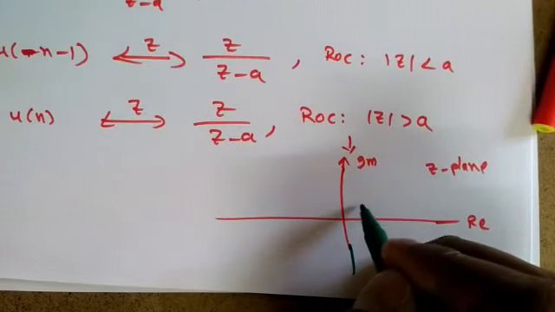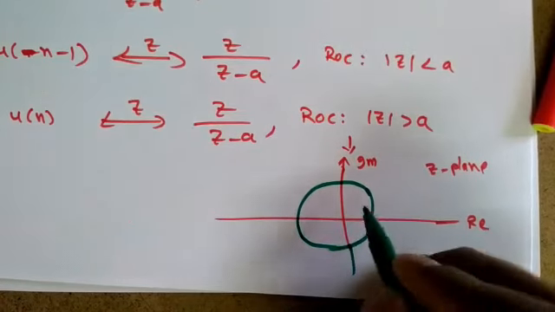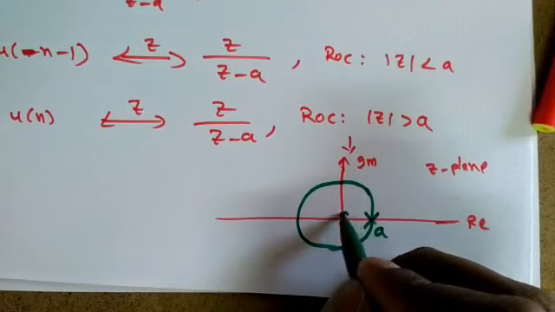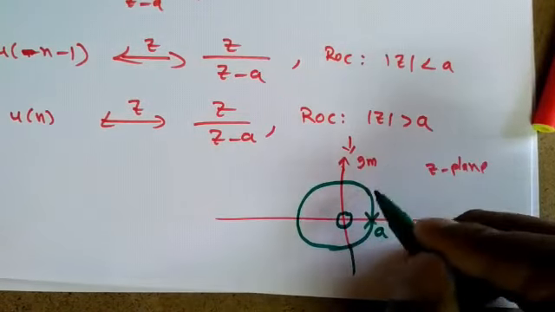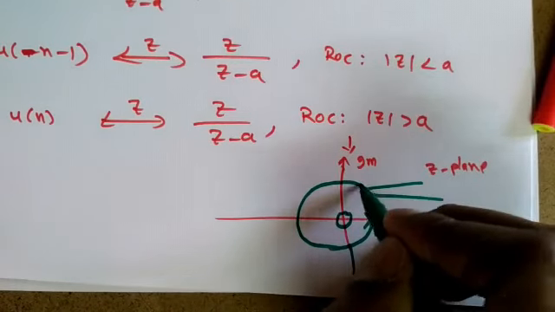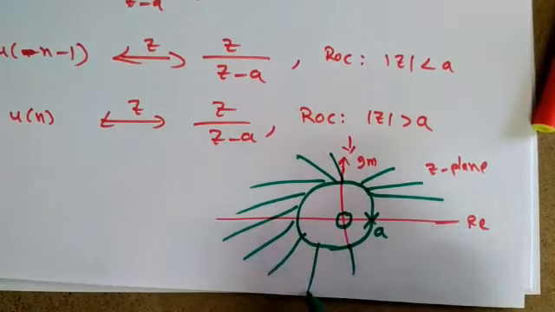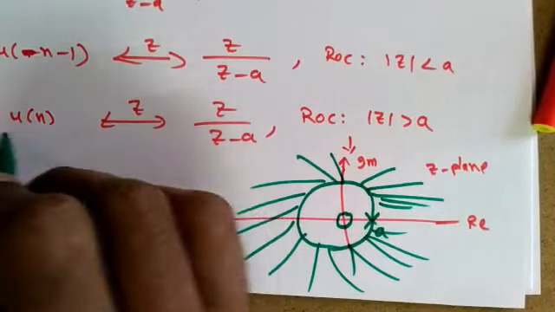So here is one pole where the circle is, a here, and one more zero at z is equal to 0, so that is the zero here. So mod z is greater than a, that means the ROC is outside this circle, up to infinity, right? This is the ROC of this a power n u of n.